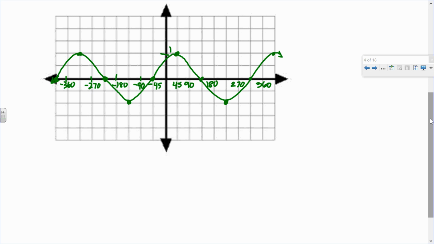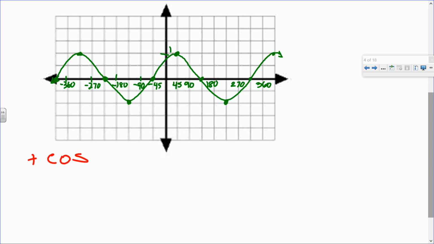If we are talking about shifts, the way we look at the graph and figure out how far it has shifted: if this were a positive cosine graph with no shift, what would be your starting point on the y-axis? Max, min, or centerline? It would be a max.